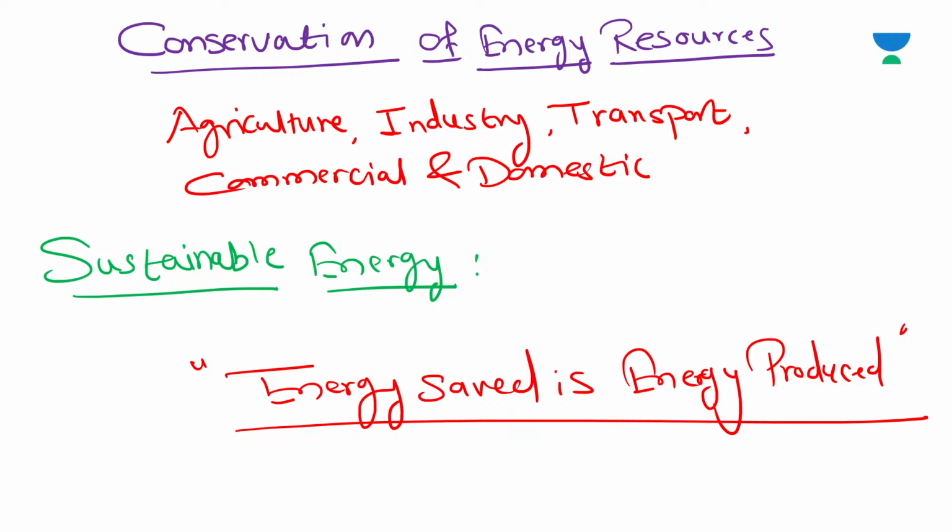Non-ferrous minerals like copper, lead, tin, bauxite. Precious minerals like gold, silver, platinum. Non-metallic minerals like mica, salt, potash, sulfur, granite, limestone, marble, sandstone. And energy minerals like coal, petroleum, natural gas.